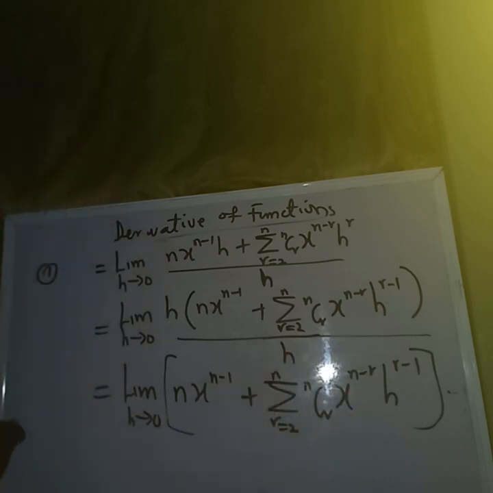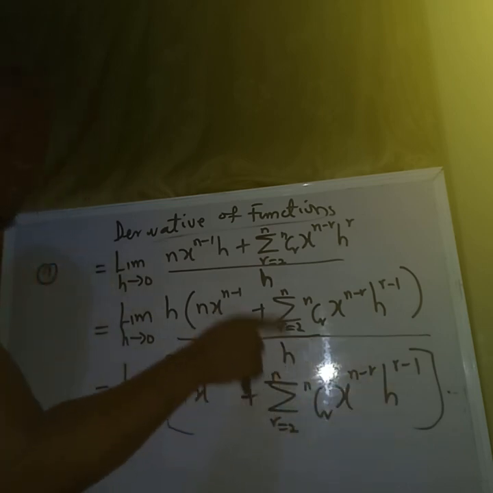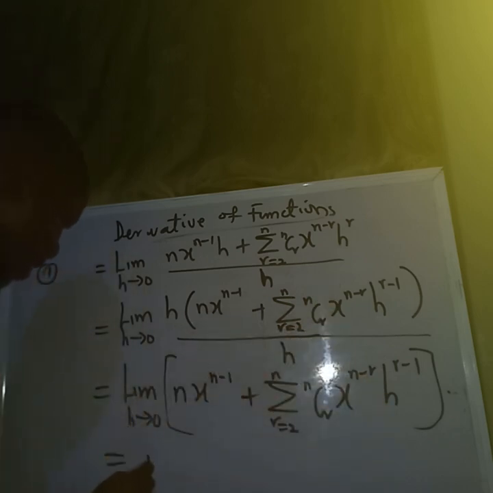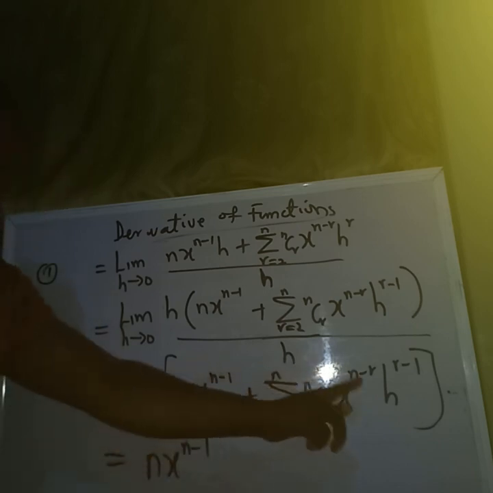Because of this, the entire series will be 0, because in each term of the series we have the letter h. So this is n x to the power of n minus 1. This limit will not affect this, but this limit will affect the series.